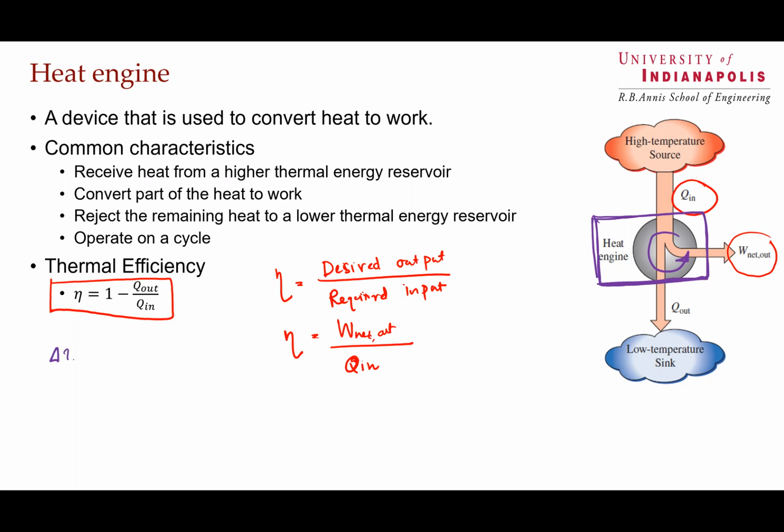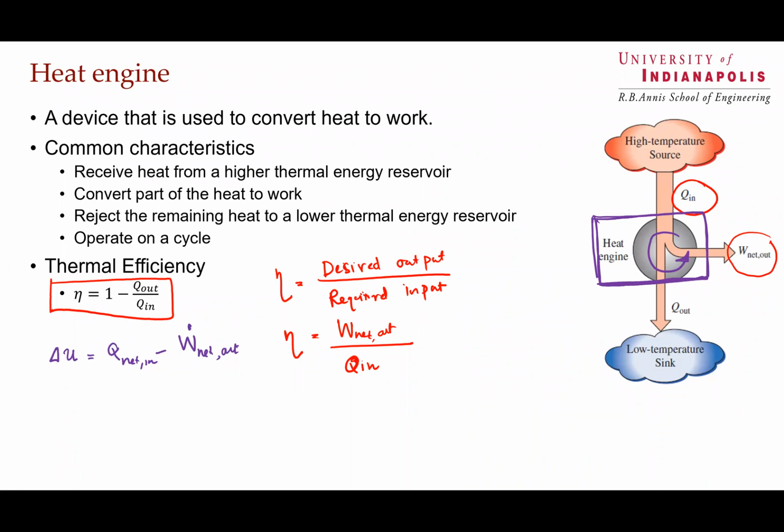So you have delta U is equal to Q net in minus W net out. Now, a cycle is a sequence of thermodynamic processes that starts and ends at the same state.